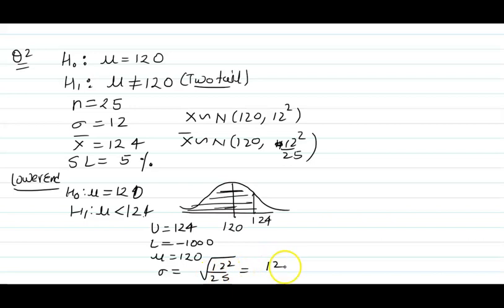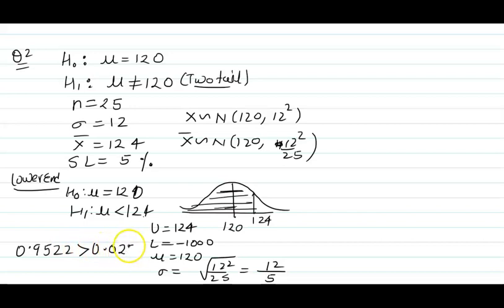So it should be 12 over root 25, which is 5. So put this value. How much is the probability coming? 0.9522, which is greater than 0.025.